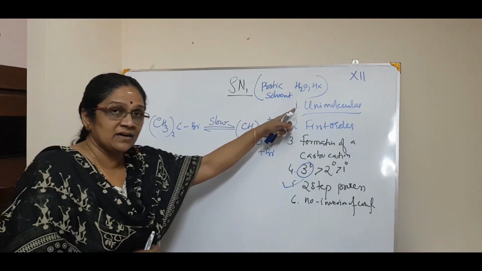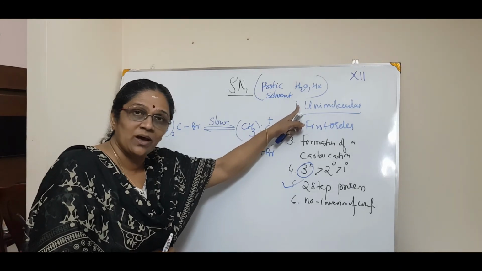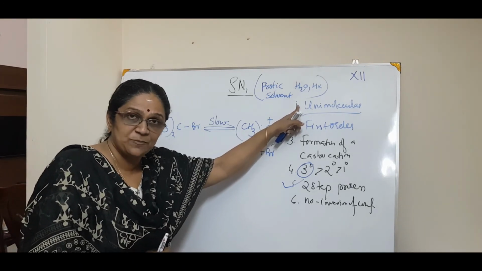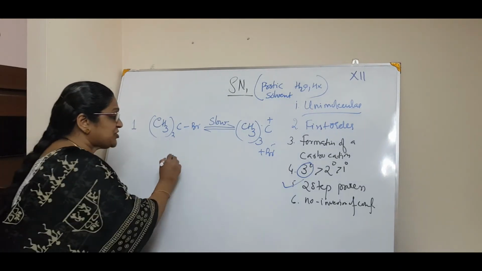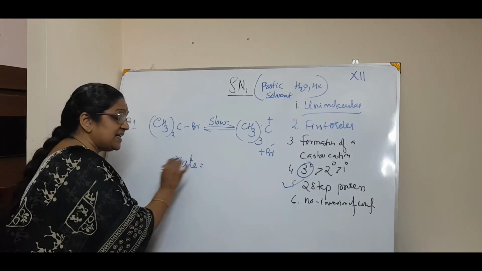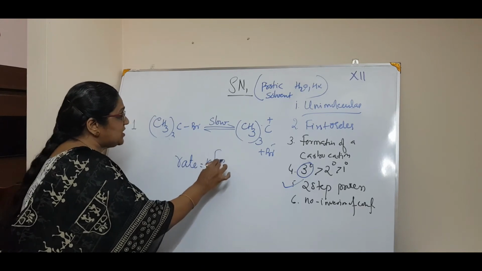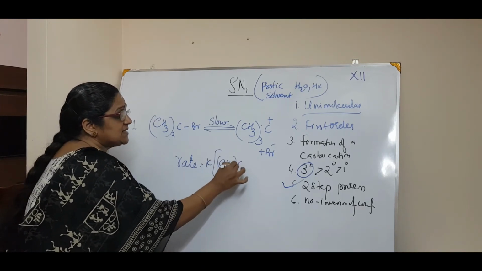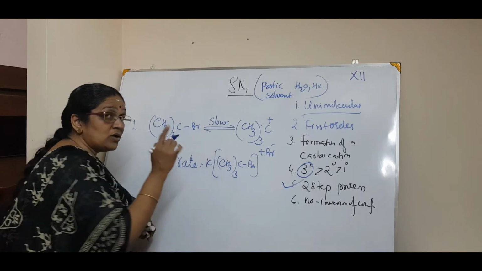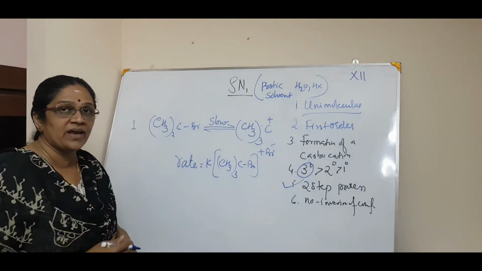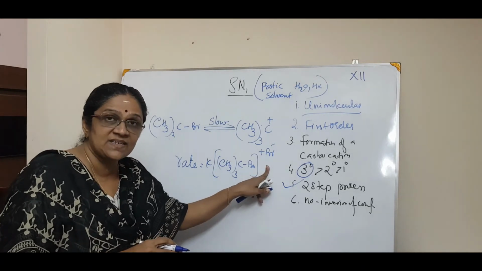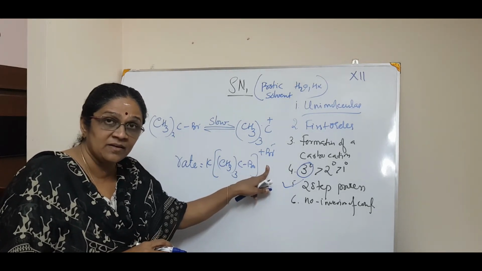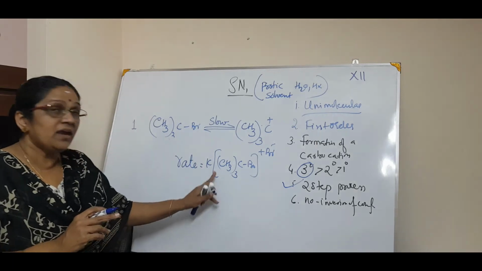Now going back, it is a unimolecular reaction, which means in this reaction, the rate of a reaction, if I write the kinetics, the rate is equal to a constant into only CH3CBr and not the OH minus or the nucleophile, where in SN2 we have also written the OH minus, isn't it? Getting me? Yes. So here there is only one.